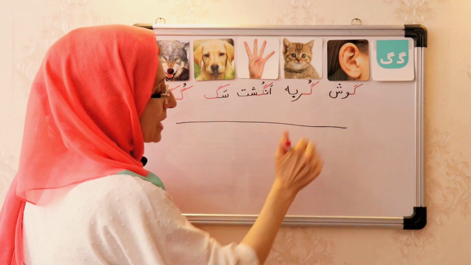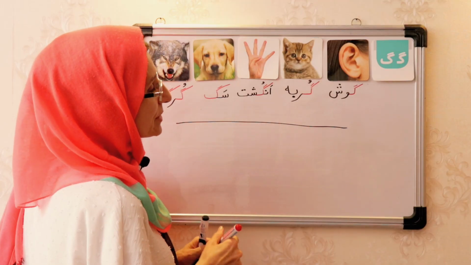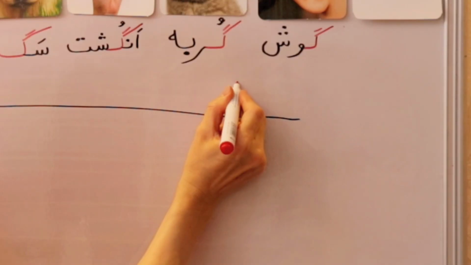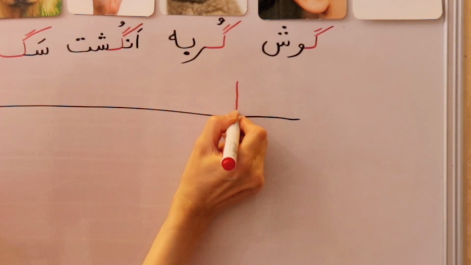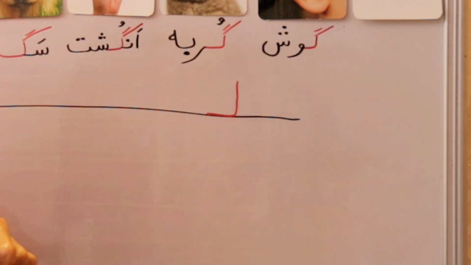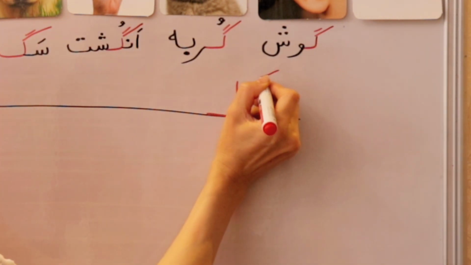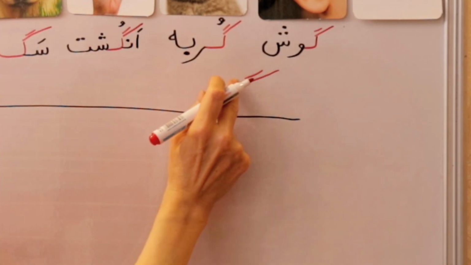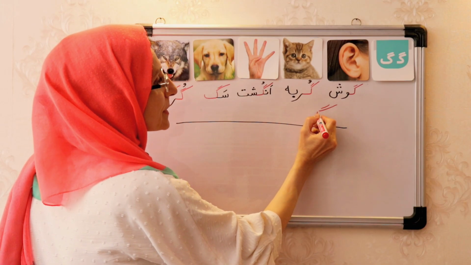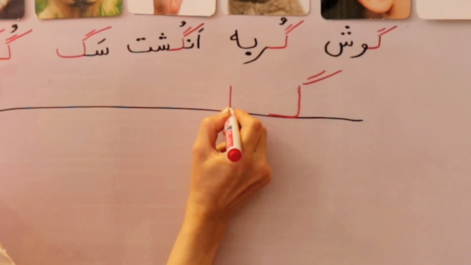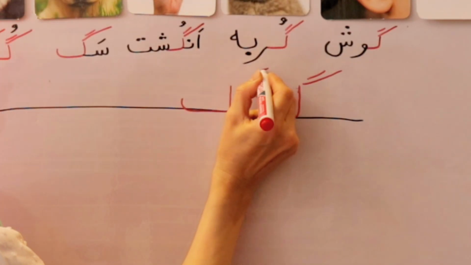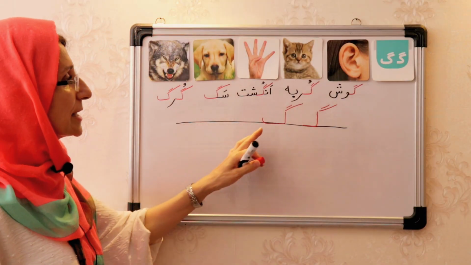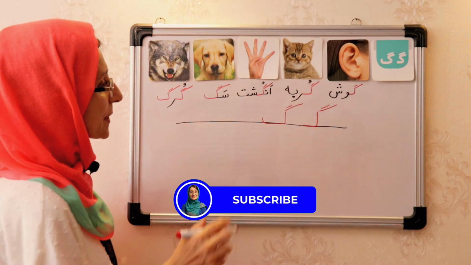Let me show you how to write it and where to bring this G. We start from top to bottom, come and underline, and then return back. These are the two forms: G غیر آخر and G آخر.